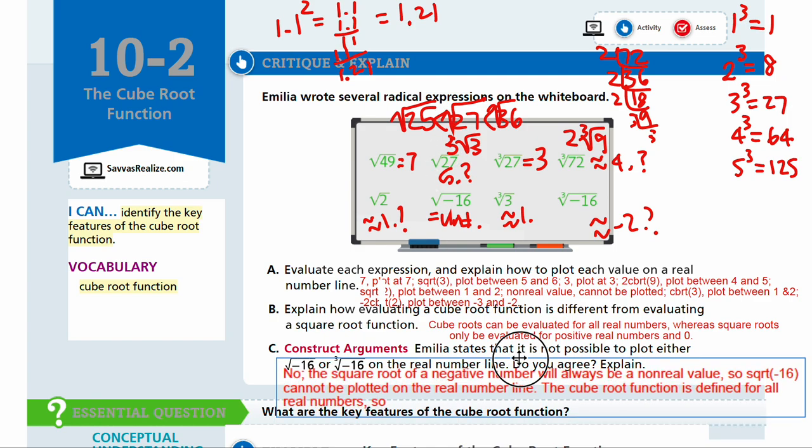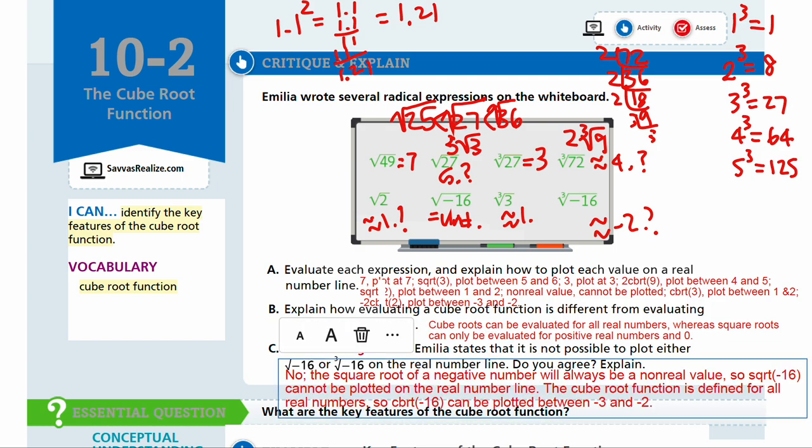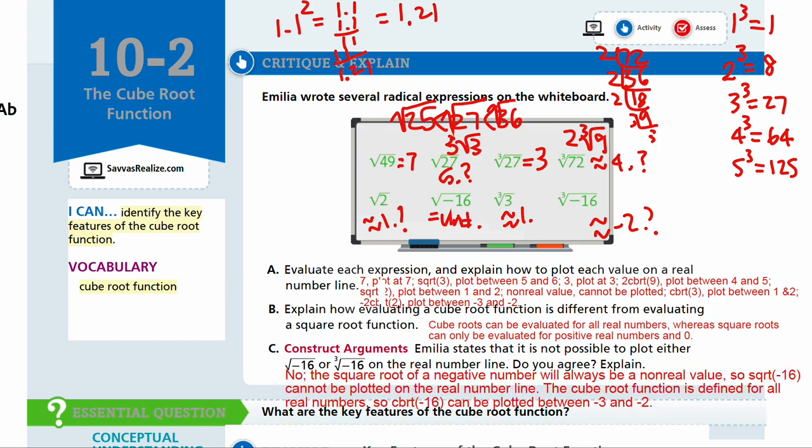So the cube root of -16 can be plotted between -3 and -2. Okay, good. So we have critiqued and explained our numbers here using cube roots and square roots.